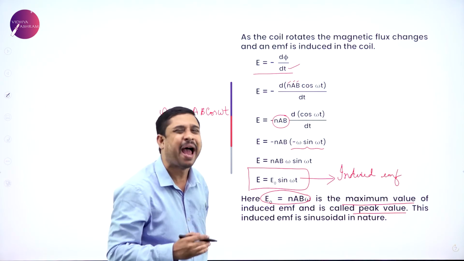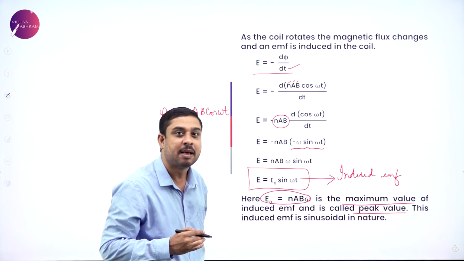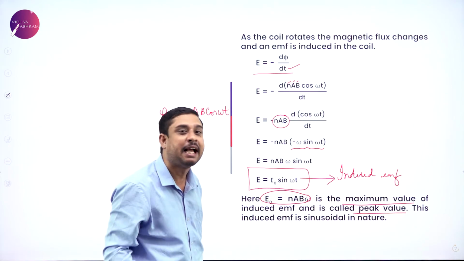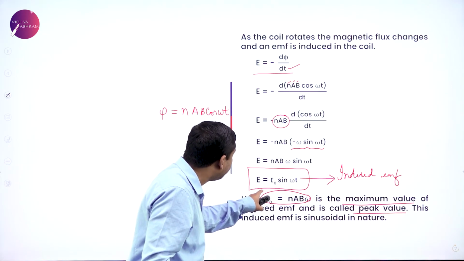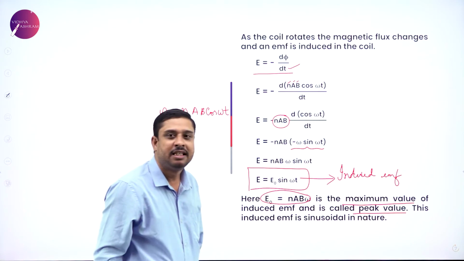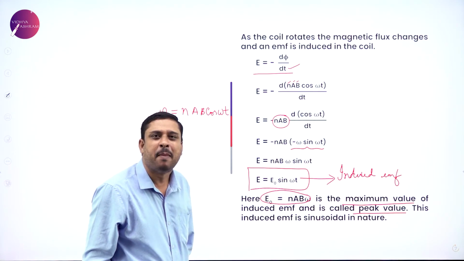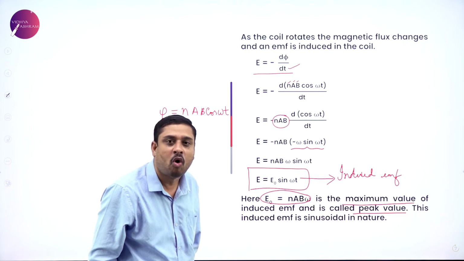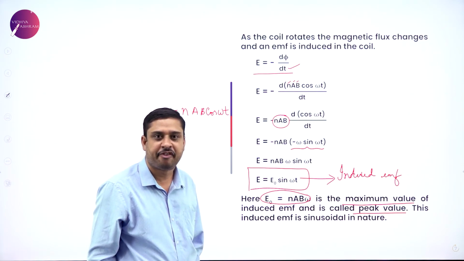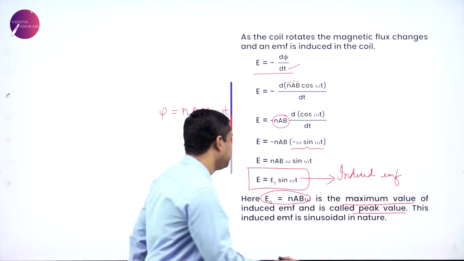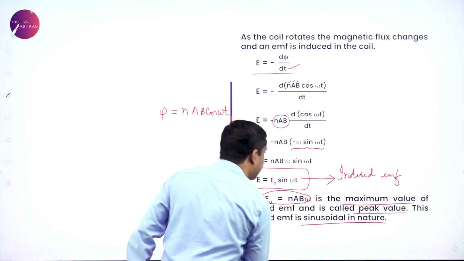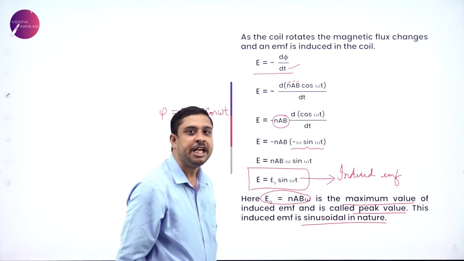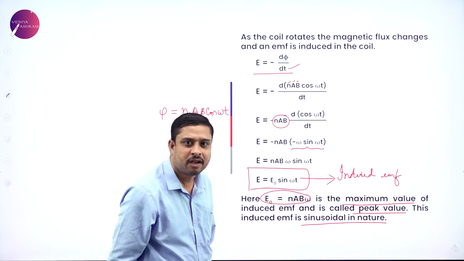Peak, something which is maximum, something which cannot be higher than that. So the moment we write E naught, that represents the maximum value of the induced EMF. And this induced EMF is sinusoidal in nature.